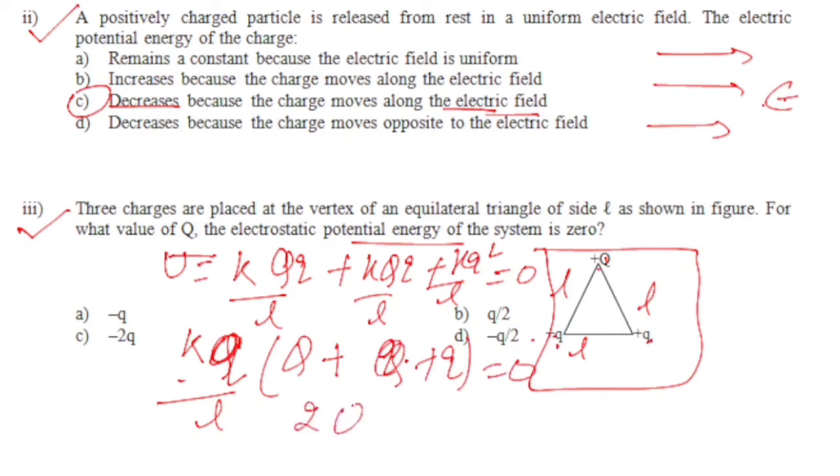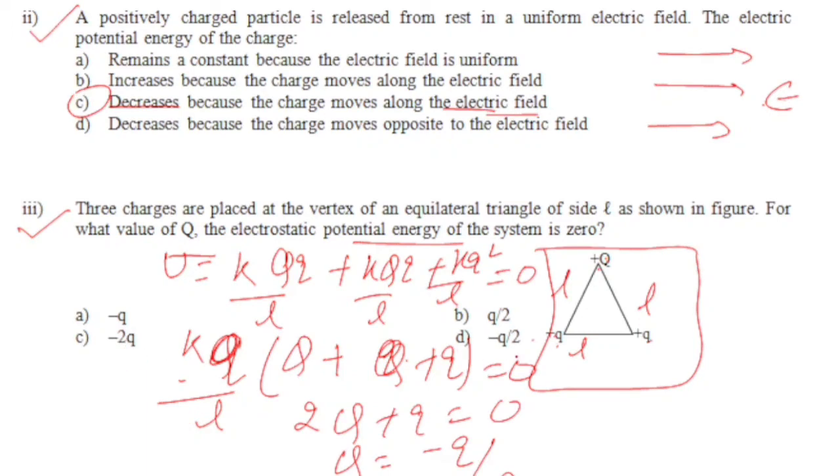So twice Q plus q equal to 0 and hence Q equal to minus q by 2. Which option is correct? Minus q, q by 2, minus 2q and minus q by 2. Which one is correct? Yes, option number D is correct. Minus q by 2. The value of capital Q is minus q by 2.